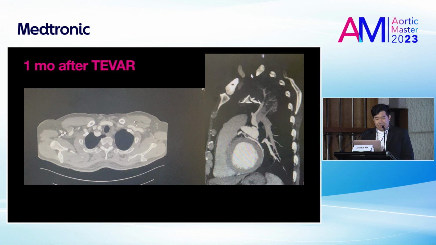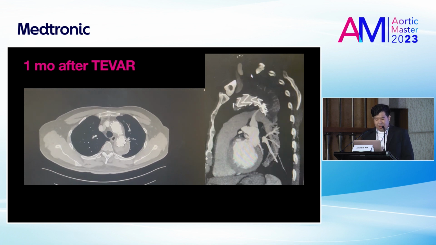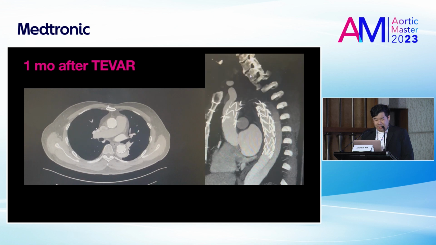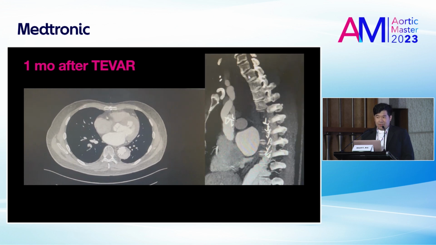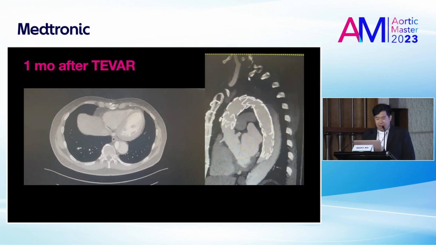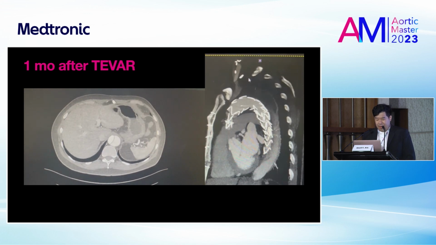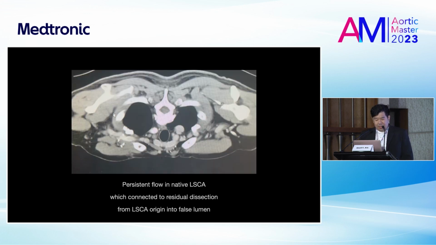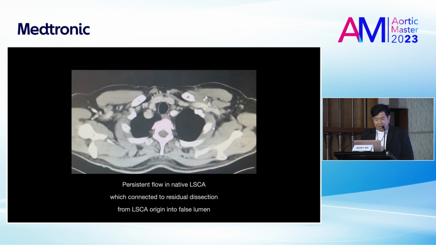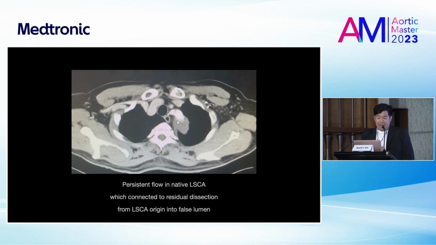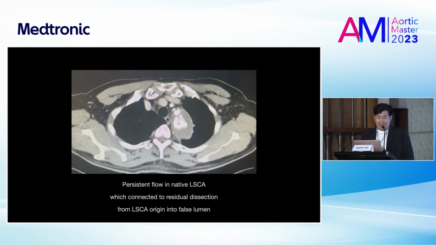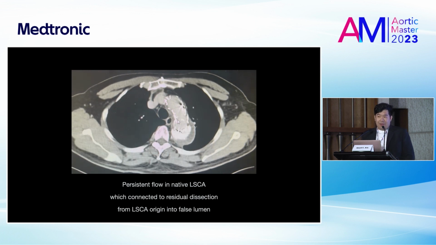On the CT 1 month after we performed the TEVAR, we also see contrast in the false lumen, and the CT found a persistent flow from the left subclavian, which connects to the residual dissection from the left subclavian origin.